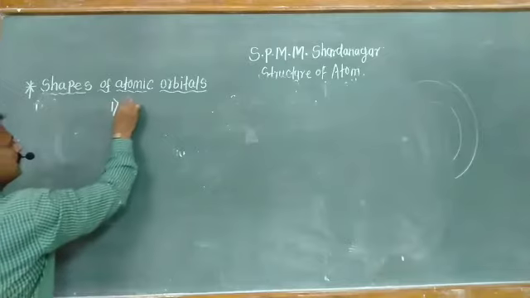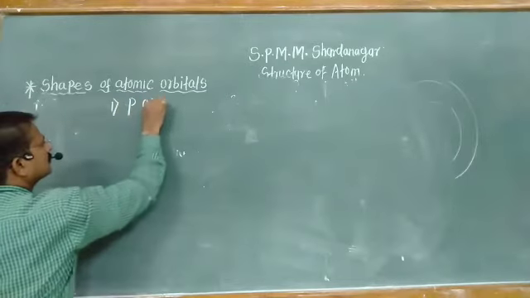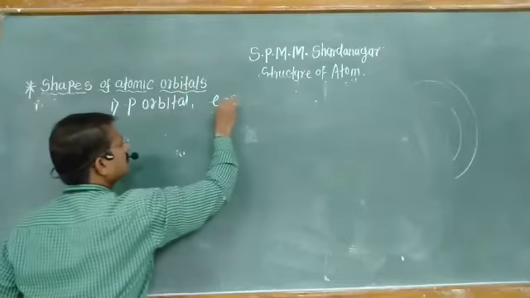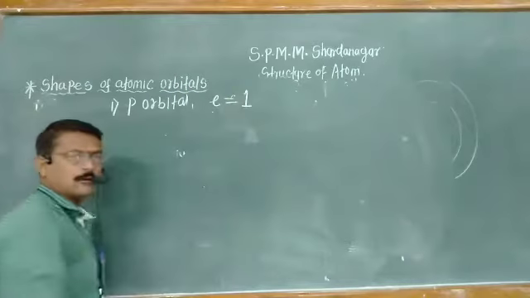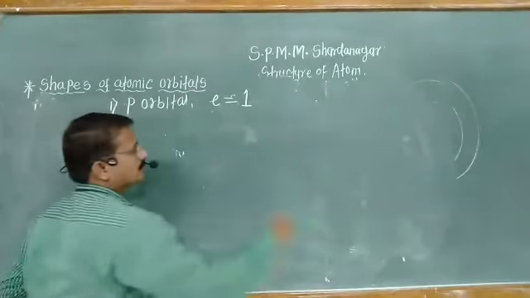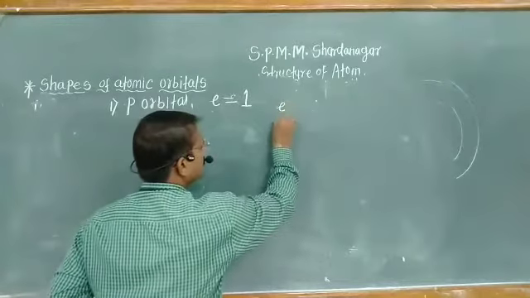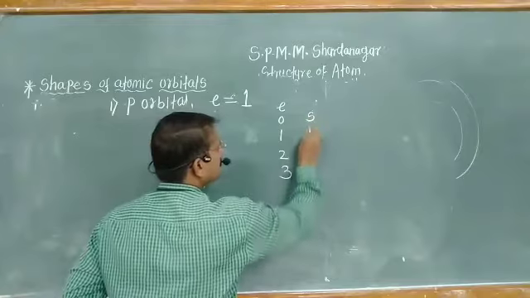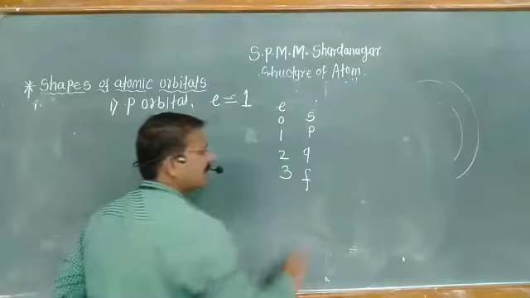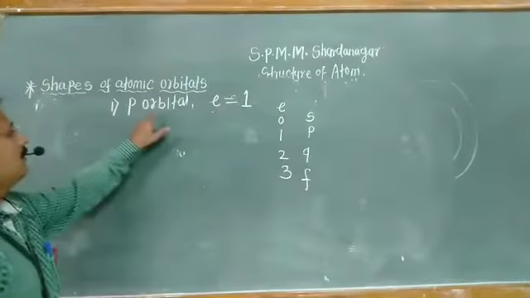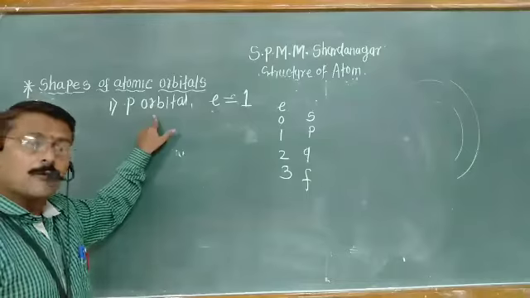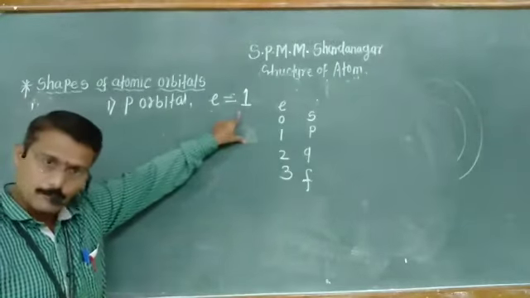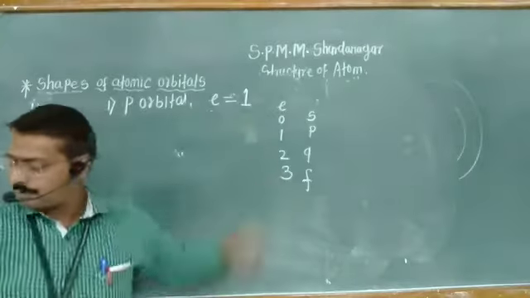For the p orbital, the value of L is equal to 1, because it is well known that L is 0, 1, 2, 3, and these correspond to s, p, d, and f.